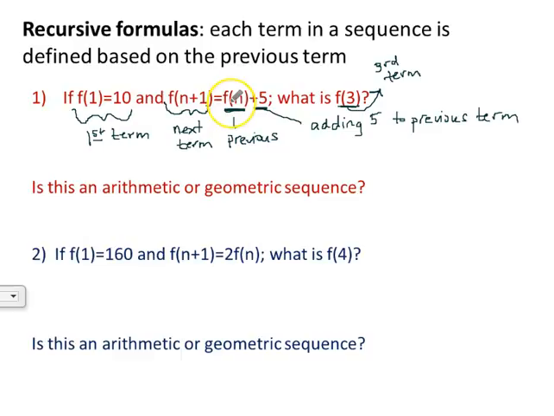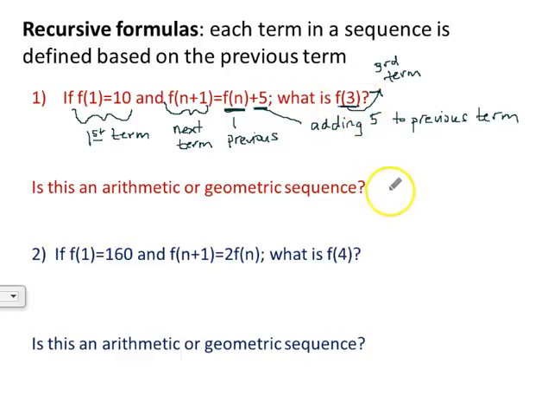Then we're given a formula that says the next term, f of n plus 1, represents when you take your first term and add 1 to it, so it's the second term. The next term is going to be when you take the previous term, the first term, and add 5 to it. And then the question is asking, what is the third term?